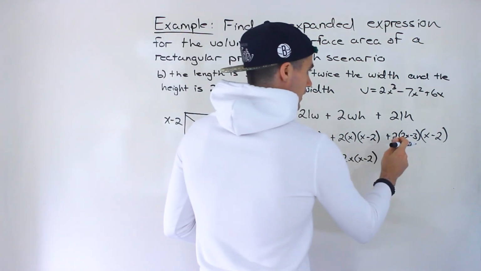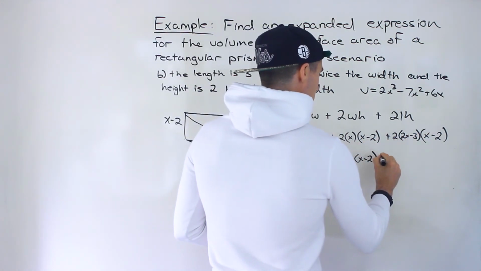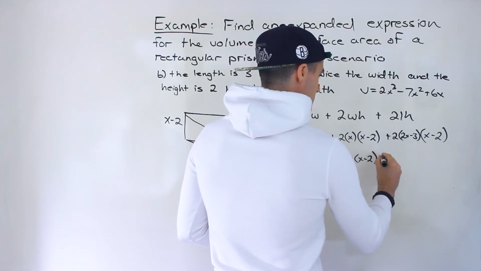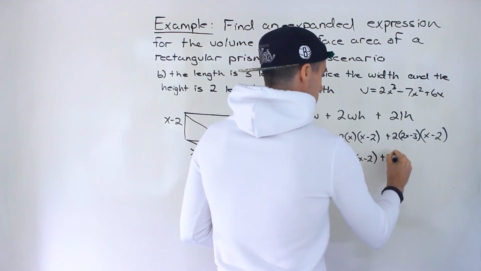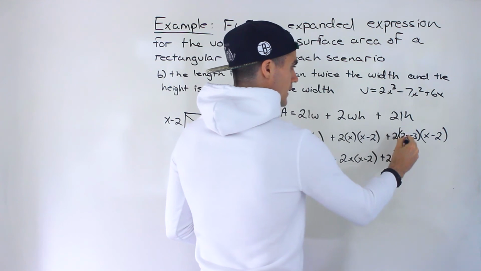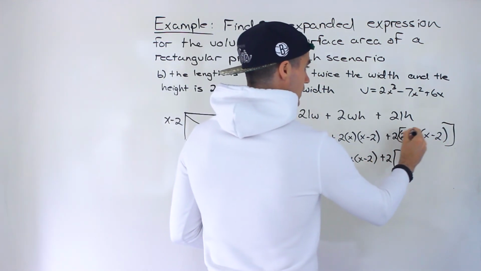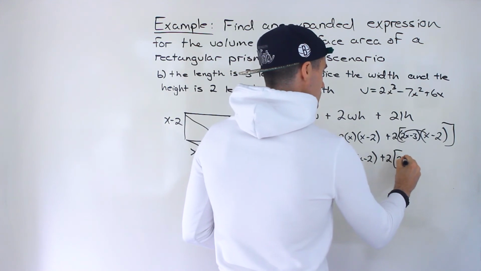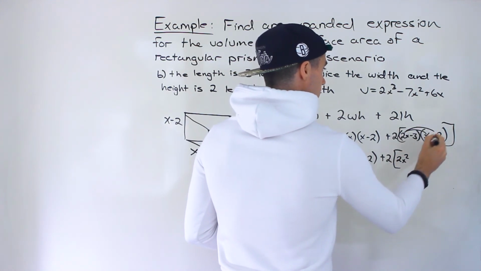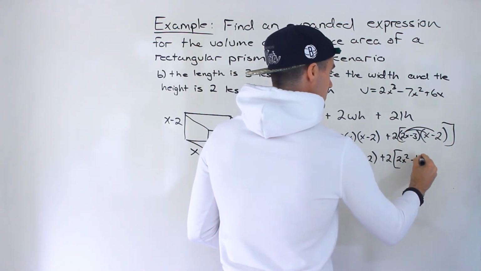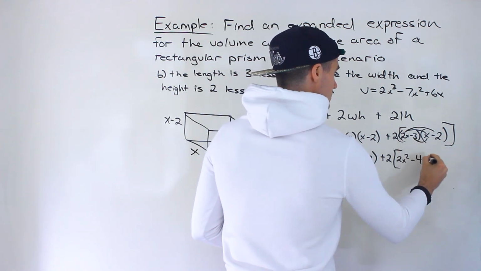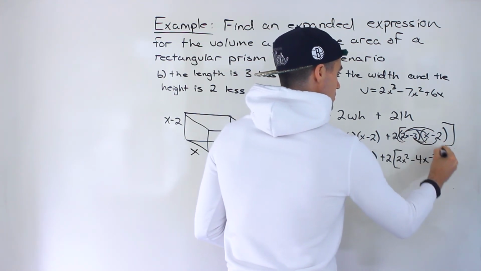And then over here, this is already in a nice format, so we can actually just start multiplying at this point. Let's keep the 2 on the outside, and then I'm going to multiply these two brackets over here. So we'll have 2x times x, which is 2x squared. 2x times negative 2, we actually already did this calculation, but a little repetition doesn't hurt.